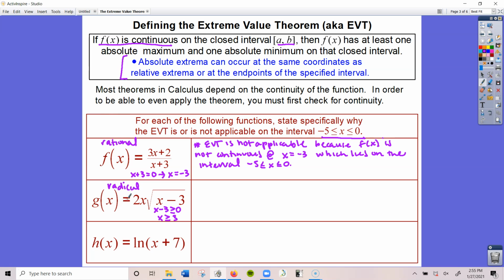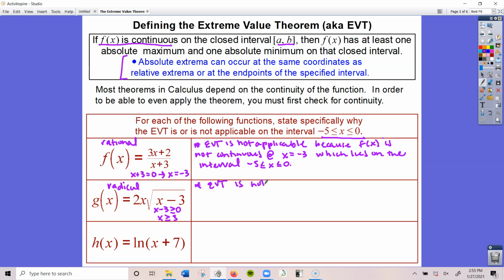So this particular function here is only defined for when x is greater than or equal to 3. Anything below 3 would be undefined, so not continuous. And x equal to 3 is in this interval. So this particular function, we would not be able to apply EVT again.